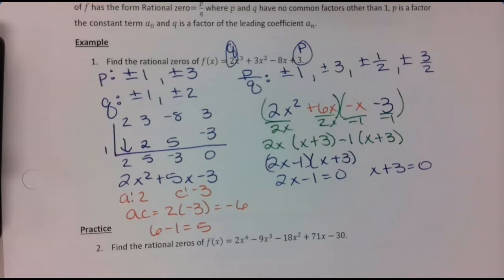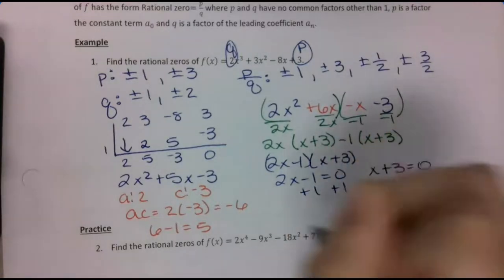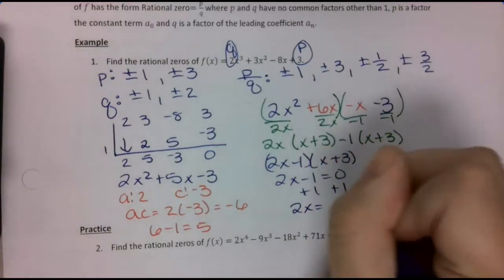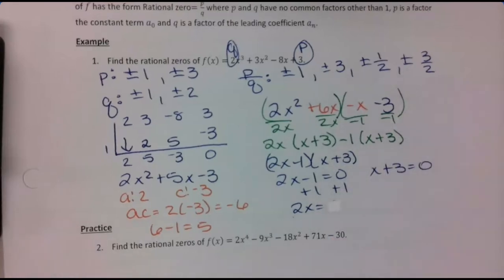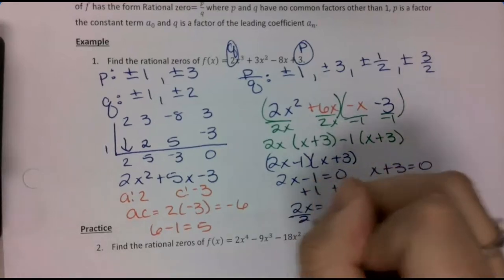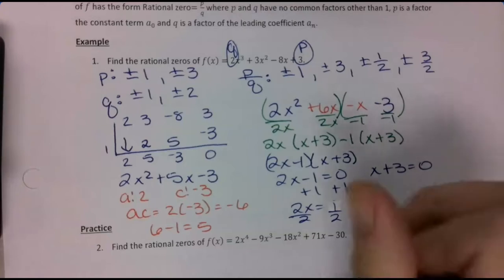Okay, so on the first one, I add 1 to both sides, and then I get 2x equals 1. And then I divide both sides by 2, so I get x equals 1/2.